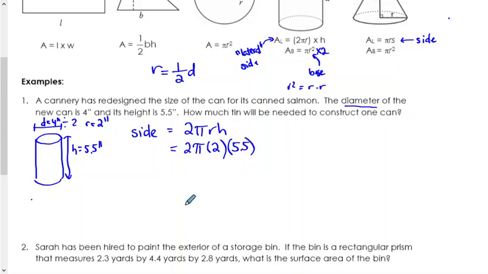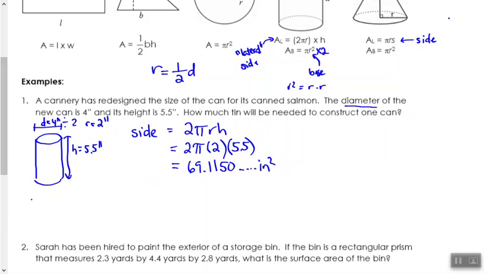So what I'm going to do is 2 times pi times 2 times 5.5. And we'll see what we get. So in your calculator, you should have 69.1150, and so on and so forth. And that will now be inches squared. So I had inches times inches, I get inches squared.